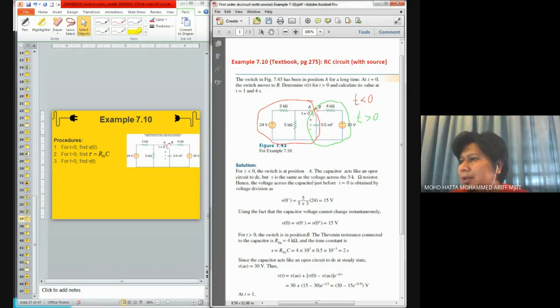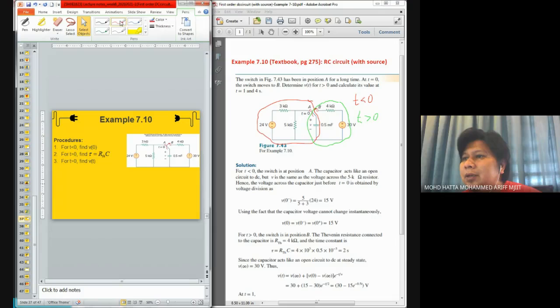And looking at the circuit, during the initial stage, with the switch at position A for a long time, it means that the capacitor itself will become an open circuit element, because it has reached its steady state stage. So if this is an open circuit, it means that the circuit will look like this.